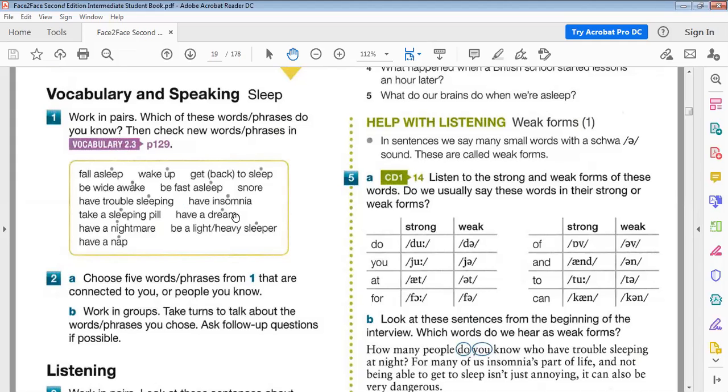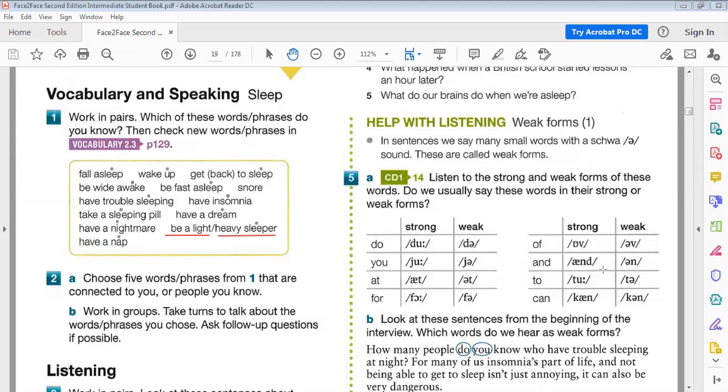And this is also interesting, this part, because most people are either light sleepers or heavy sleepers, right? Yes. Okay, Malak, tell us a little bit about sleep. Maybe about you or people you know.